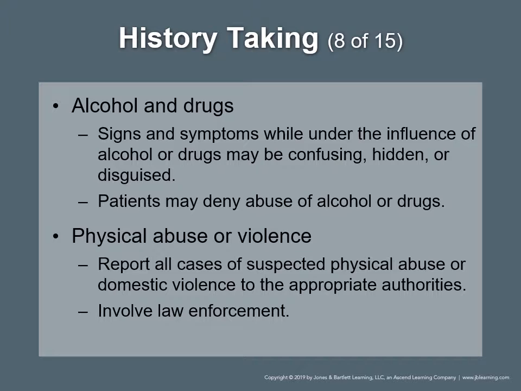Some of those are alcohol and drug use, physical abuse, sexual history, being sexually active, having sexually transmitted infections, and physical limitations, those that can't mentally comprehend what you're saying, Alzheimer's patients, physical and mental challenged folks, people with massive anxiety. Those kind of things can be sometimes very difficult.